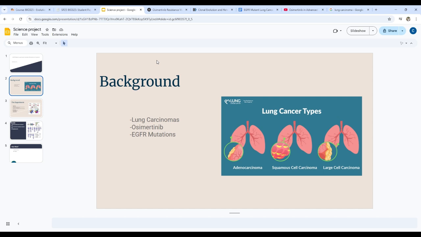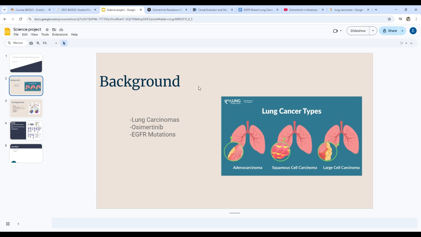The main treatment that we're looking at, and that is studied and gets resistance built to, is osimertinib. It's an oral medication that is very effective, but we're seeing resistance to it. Throughout my article, it says a lot of EGFR mutations.